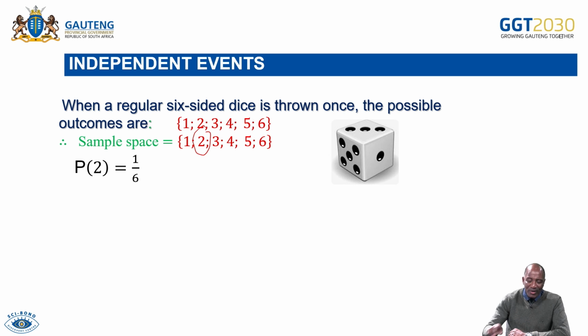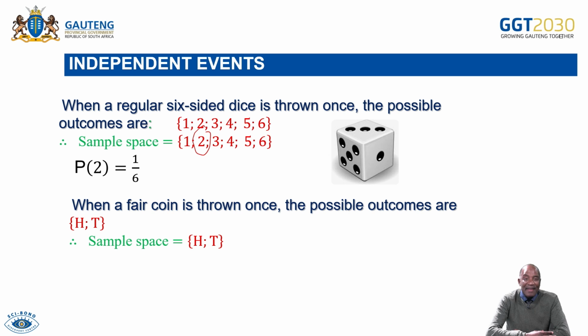Then we move on to a coin. When a fair coin is thrown once, what are the possible outcomes? We've been referring to this since the beginning of the lesson, to say a coin has 2 sides.